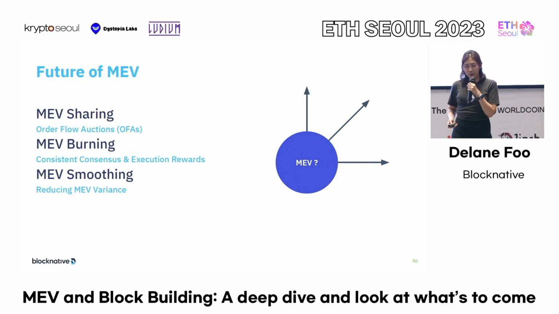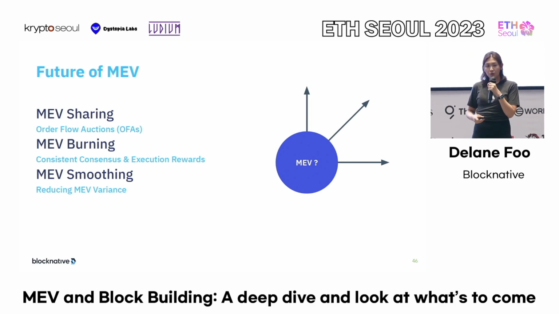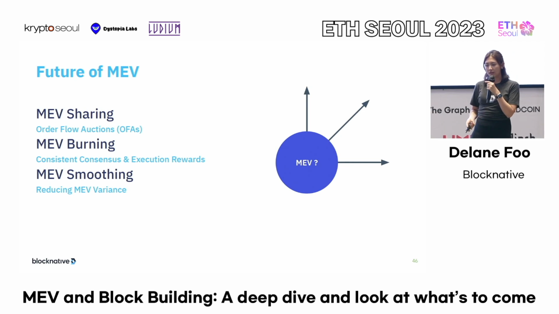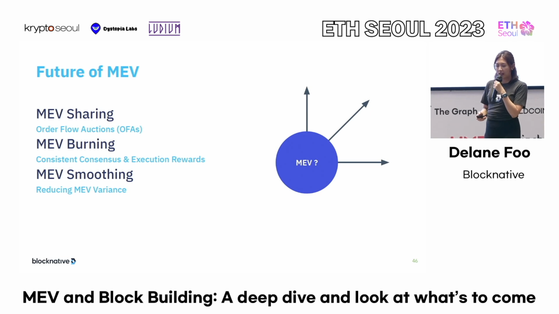There's MEV burning, where you burn the MEV and you reap consistent consensus and execution rewards. This was also mentioned yesterday in another talk from Nethermind's team. And finally, MEV smoothing, where you reduce MEV variance through validator pools.